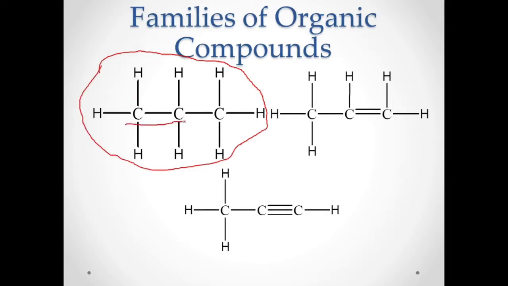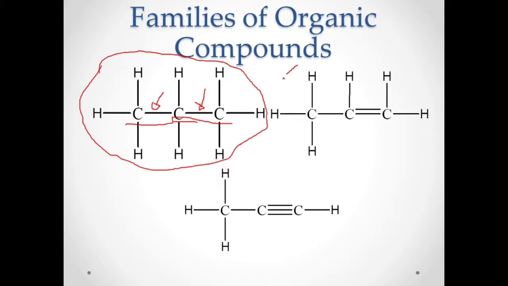You notice this is a carbon to carbon single bond, and we have another carbon to carbon single bond. So this bond here and that bond there are all single bonds. If it contains carbon to carbon single bonds, then it belongs to an aliphatic hydrocarbon called alkanes.